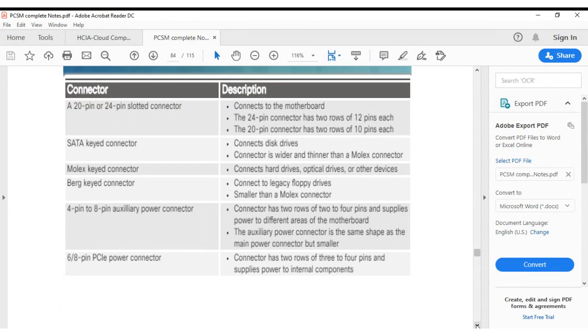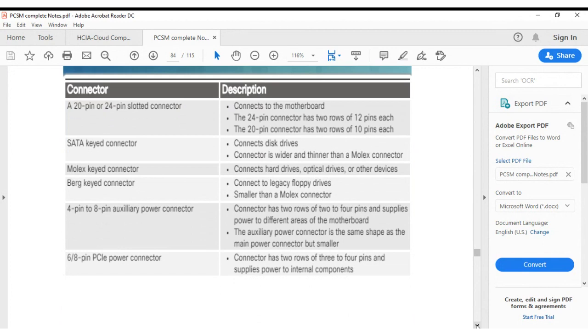The 4 to 8 pin auxiliary power connector has 2 rows of 2 to 4 pins and supplies power to different areas of the motherboard. The auxiliary power connector is the same shape as the main power connector but smaller.